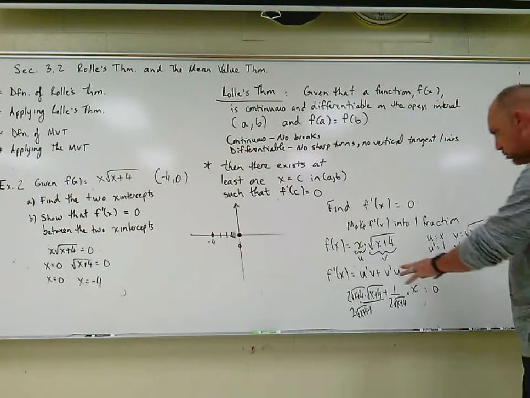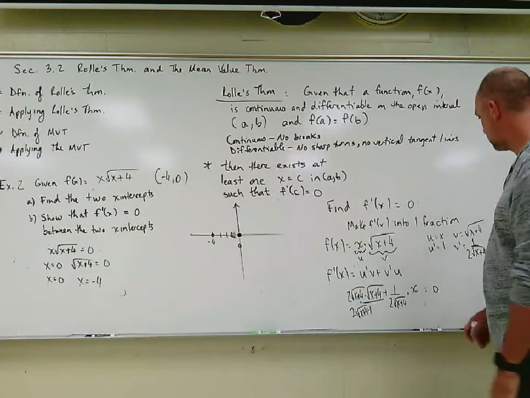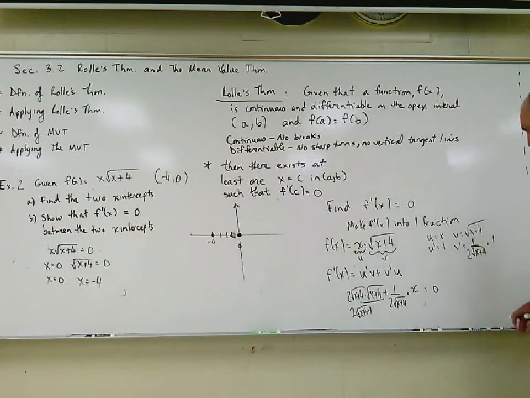The numerator becomes 2 times the quantity x plus 4. So notice, by getting a common denominator, I canceled that square root that was in the top. Don't forget, plus the x that was on this numerator, over 2 square root of x plus 4.